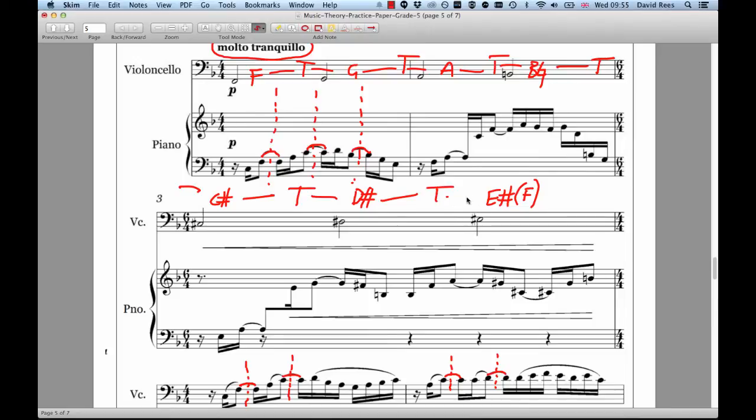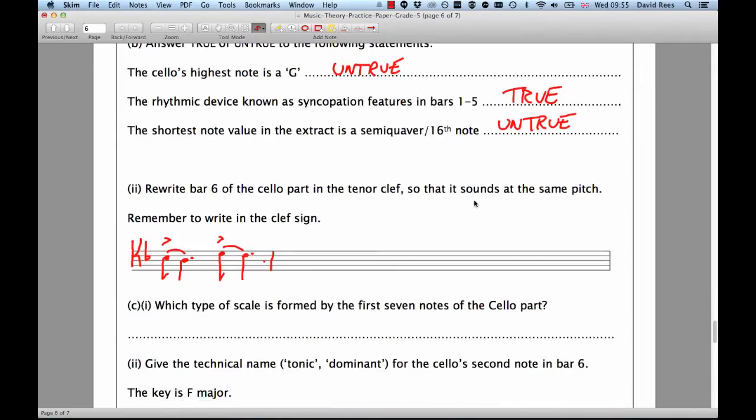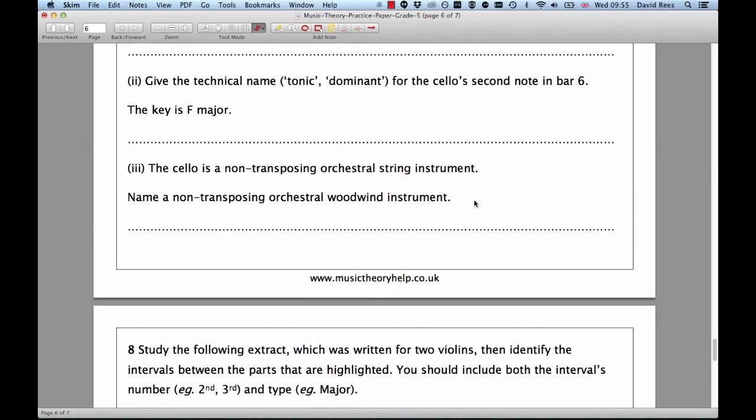So we have a scale here that is wholly tones, and one of those scales, what do we call those scales? Well, that's obviously a whole tone scale, and because this is a piece by Saint-Saëns, who's kind of writing at a time in France where whole tone scales were starting to become quite common and popular in music, I think whole tone scale is a really good guess for this question.